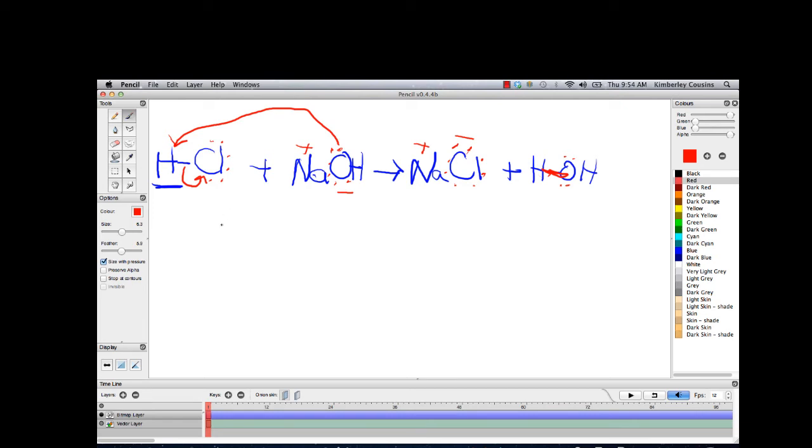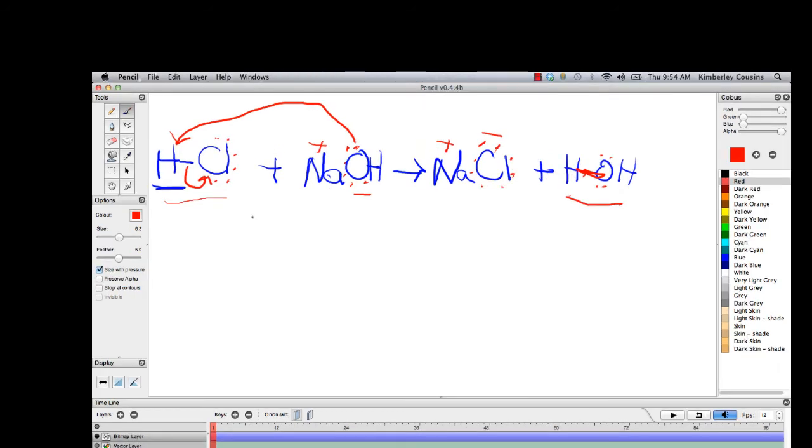We can also talk about this energetically. We can put a value on the amount of energy it takes to break the HCl bond and the amount of energy given off by making the H-OH bond. We know that HCl plus NaOH is a very exothermic process, so overall we go from a higher energy to a lower energy point.